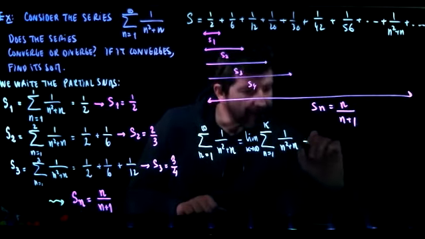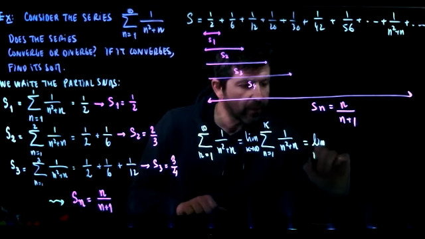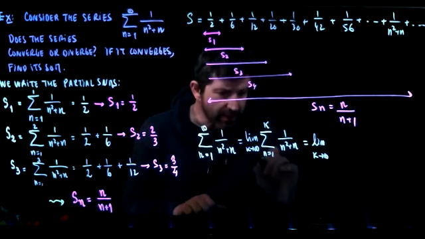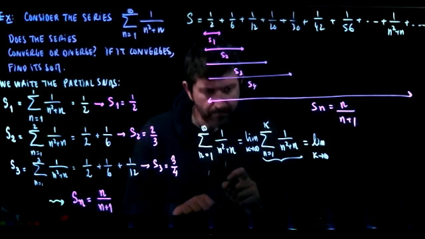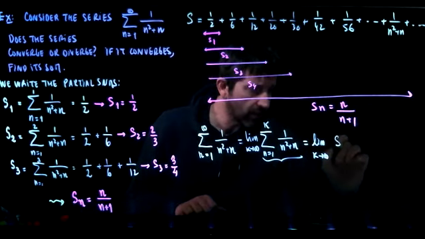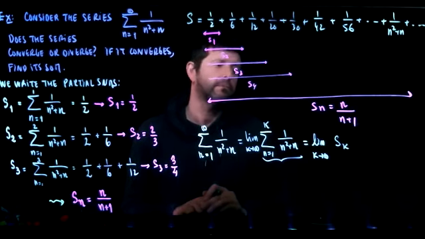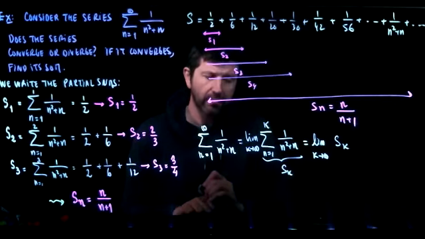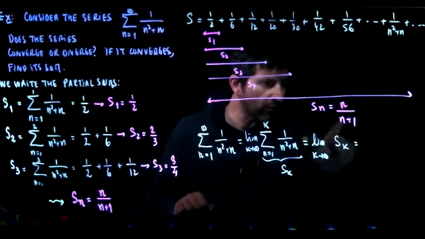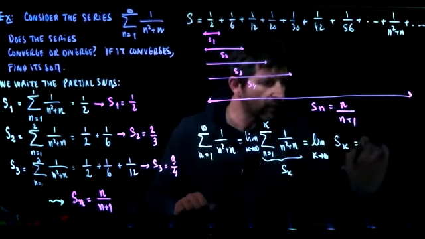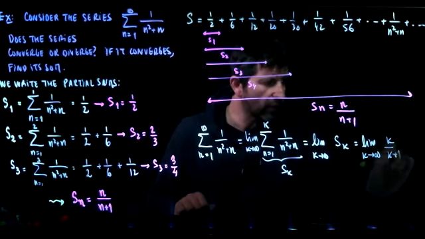And that's equal to the limit as k goes to infinity of the sum of the first k terms. So this is your partial sum until k. We just showed that Sn is n over n plus 1, so Sk is k over k plus 1. So this is the limit as k approaches infinity of k over k plus 1.